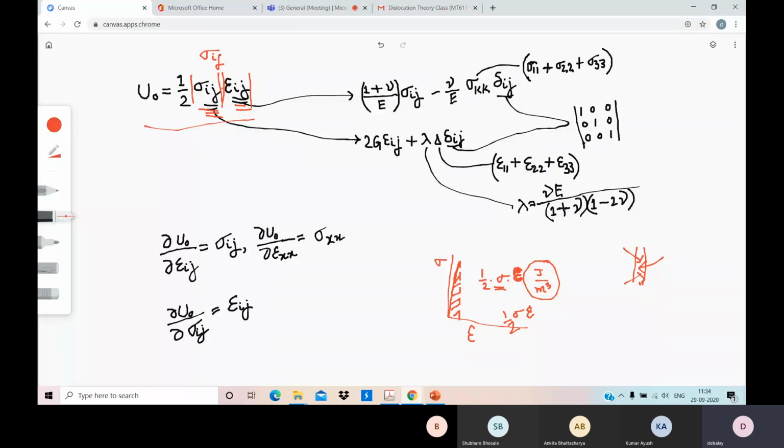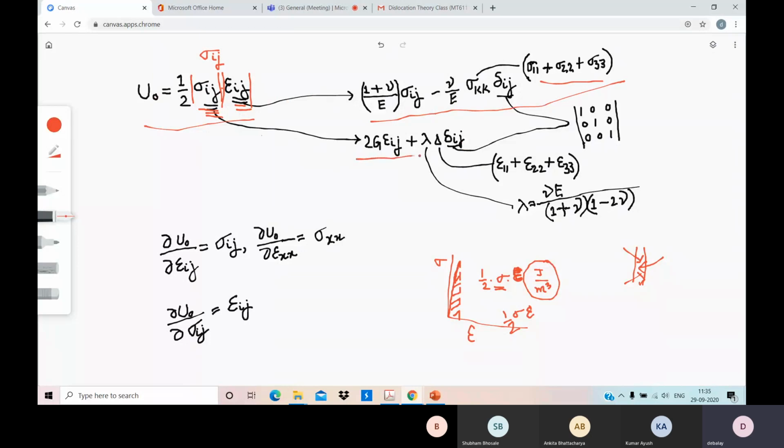I know the relation between stress and strain. So strain tensor terms I will write in the form of stress tensor terms: epsilon ij equals (1 plus nu) by E sigma ij minus nu by E sigma kk delta ij. Delta is a Kronecker delta, sigma kk is the sum of the normal stresses, as I have told. The entire expression will be full of stress tensor terms. And if you have the stress tensor values, you can calculate a number per unit volume.